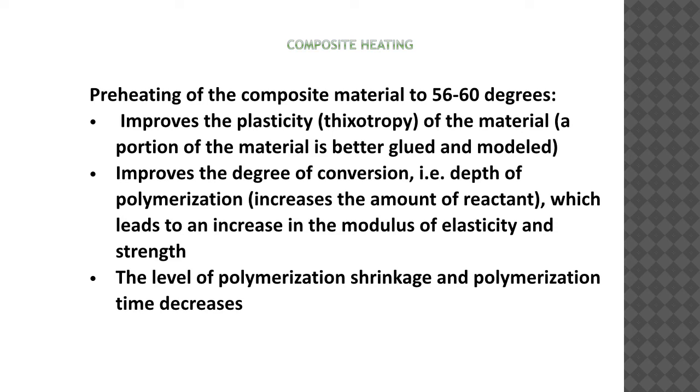Preheating of the composite material to 56 to 60 degrees Celsius improves the plasticity of the material, which means that a portion of the material is better glued and modeled.